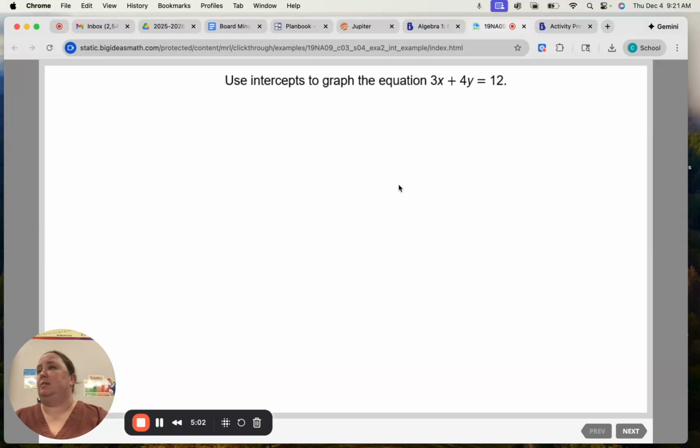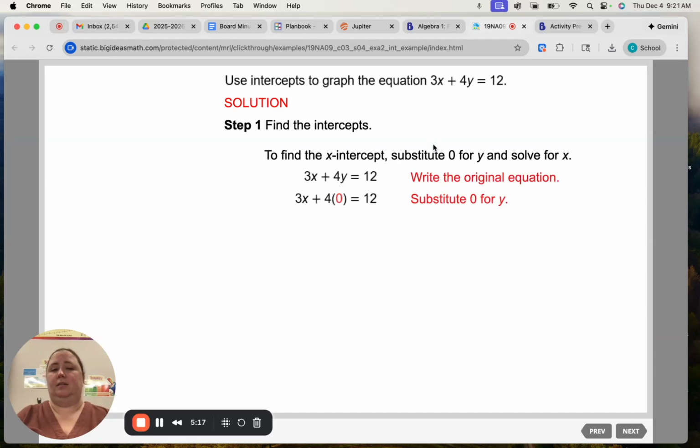All right. So we're going to use the intercepts to graph this equation. That means I need the x-intercept and the y-intercept. How would I find the x-intercept? You would plug 0 for y. Write this in your journals. So if I'm looking for the x-intercept, I put a 0 where the y is, and then I solve.